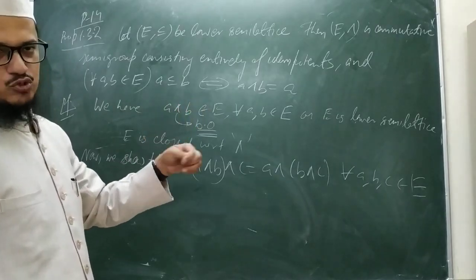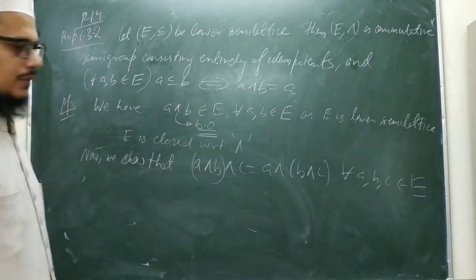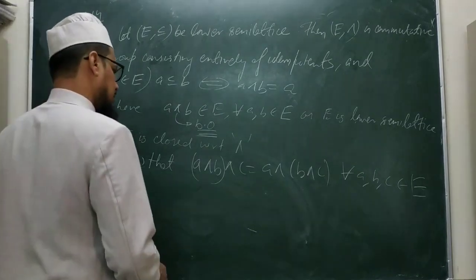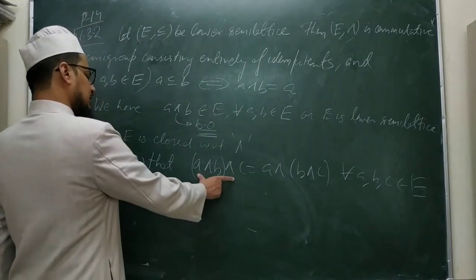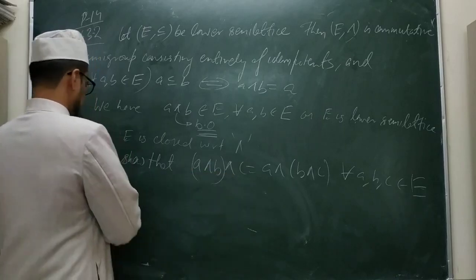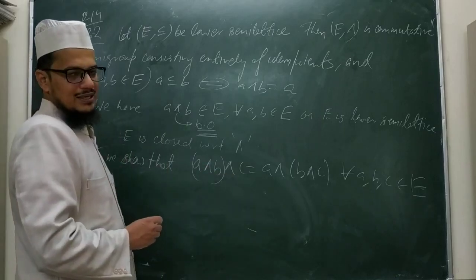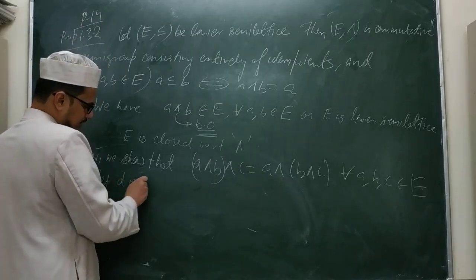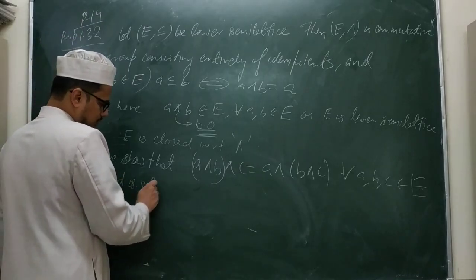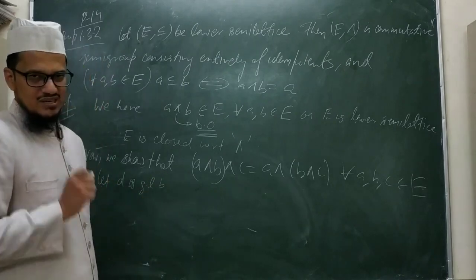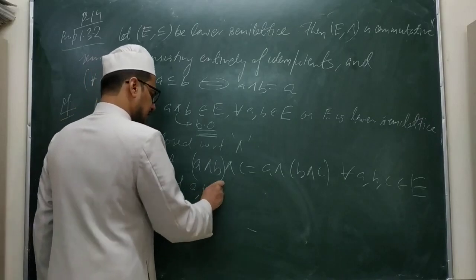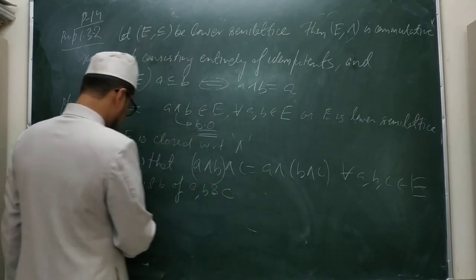That is, A meet A is what? Again A, correct? So let's see how we prove. We prove that this one will be the greatest lower bound. Let us first assume that D is the greatest lower bound. Just I am writing GLB. GLB means greatest lower bound of A, B, and C. Then what we have?